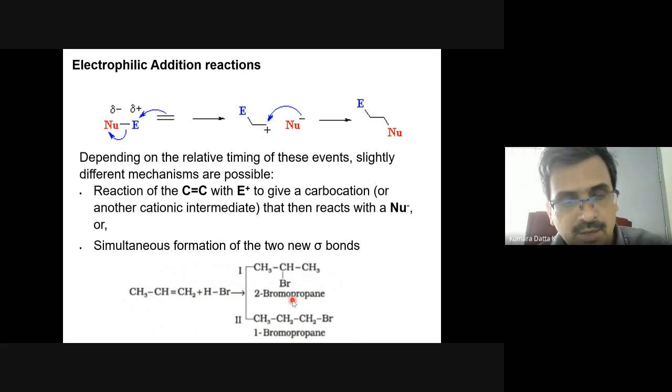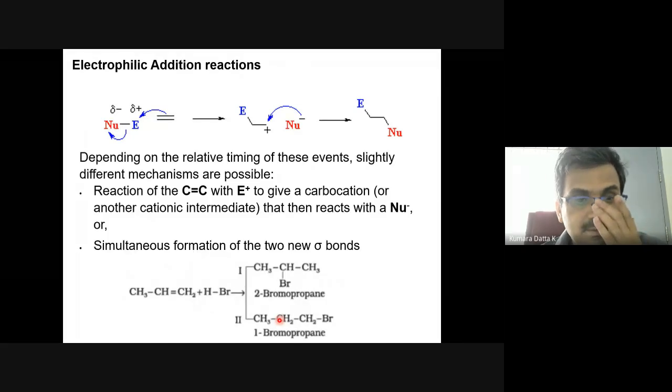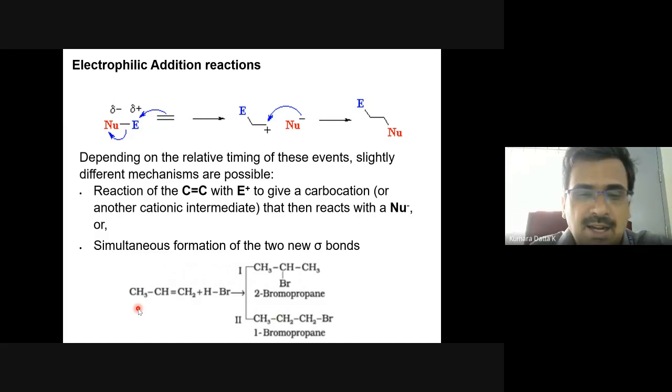Can someone tell me what exactly is the difference between the first and second product? Anyone in the class? Or at least tell me the rule where you add hydrogen halides to a double bonded species?